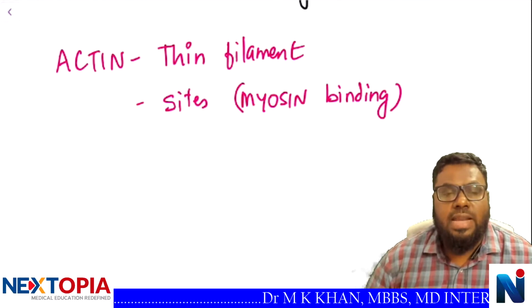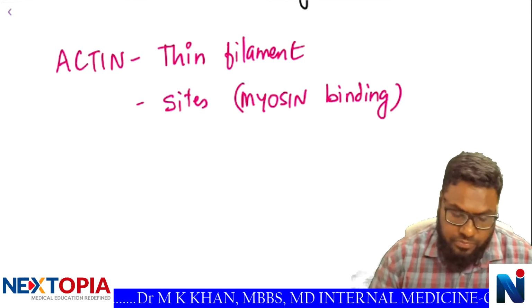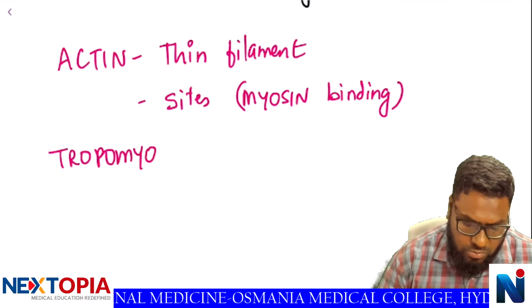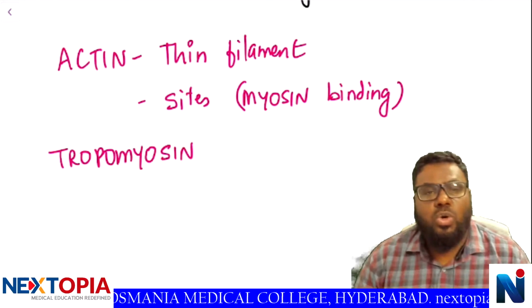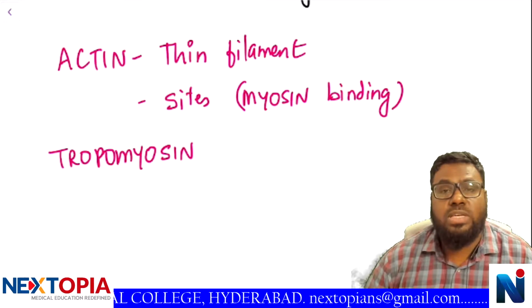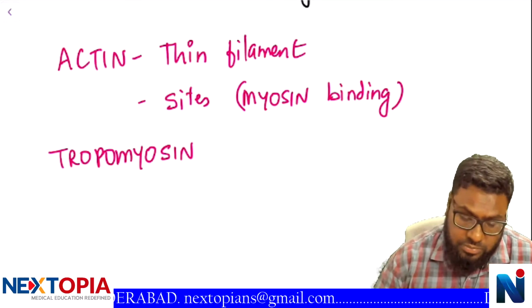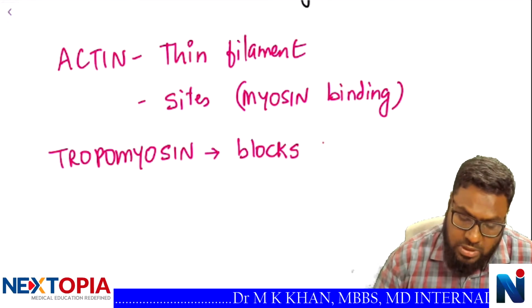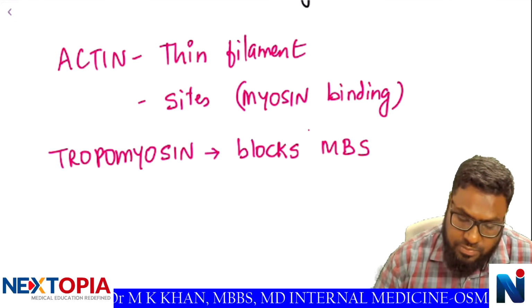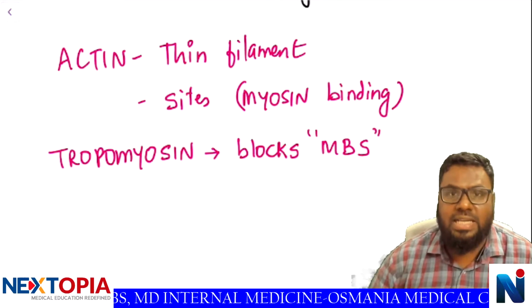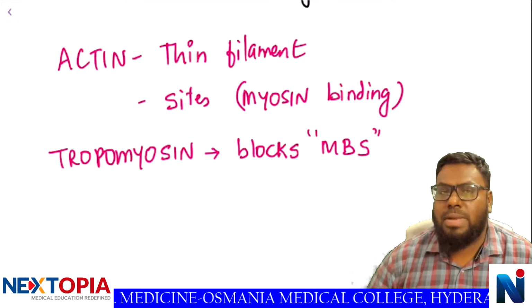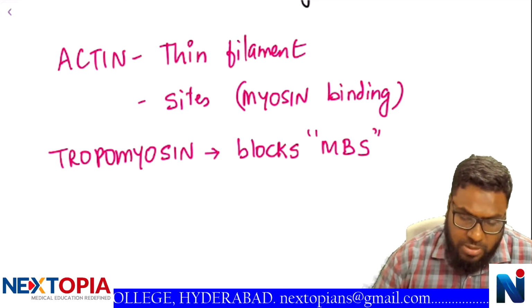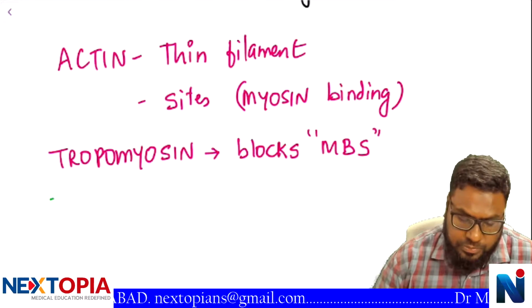All right. Next comes the tropomyosin. What is the function of tropomyosin? It blocks the myosin binding sites on actin. Next comes the important protein called troponin.